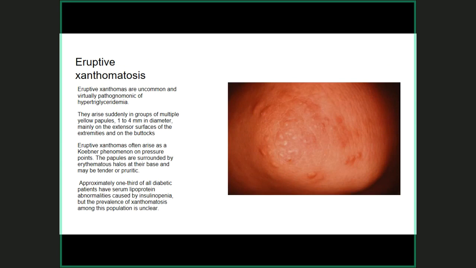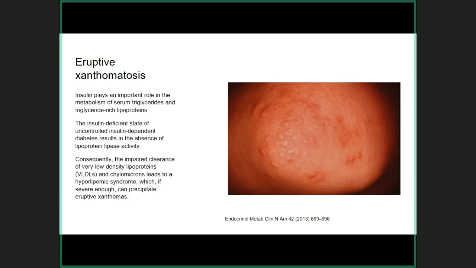Almost a third of them have some serum lipoprotein abnormalities, and that's because of the lack of insulin or decreased insulin, which causes decreased clearance of the lipoproteins. As mentioned, insulin does play an important role in triglycerides and the lipoproteins, and the insulin deficient state is one of the reasons for these eruptive xanthomas.